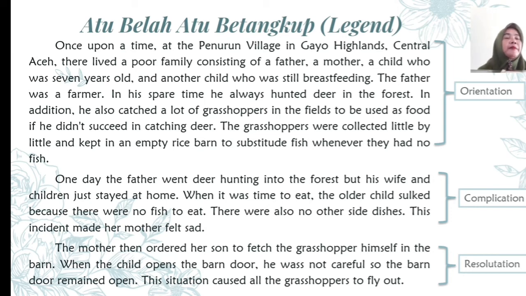Dalam hal ini ada once upon a time, itu kapan terjadinya. At the Penurun village in Gayo Highland, Central Aceh, there lived a poor family consisting of a father, a mother, a child who was 7 years old, and another child who was still breastfeeding. Nah, di sini semua ditampilkan yang tadi kita sudah bahas, tempat, waktu, dan tokohnya.